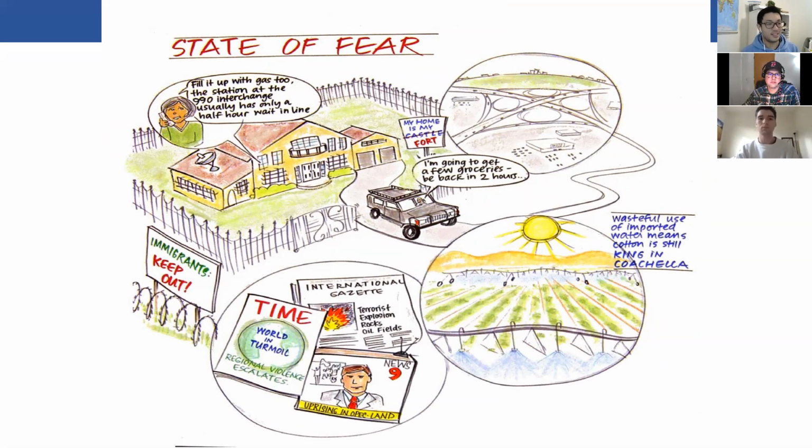You could do the same thing for a more pessimistic view of the world. So they call this the state of fear. You hoard gasoline. You think about wasteful use of goods and services that is inefficient from an energy perspective. You get a bunch of land sprawl, drive fuel inefficient vehicles.